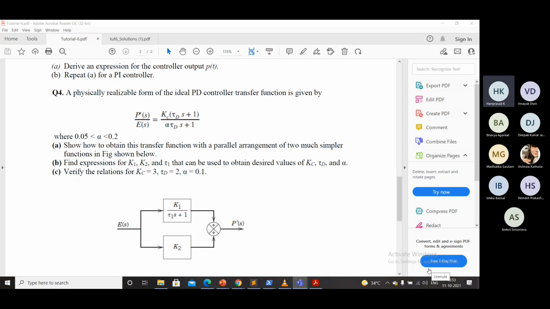Is this a good time to discuss? Yes, sir. Okay. Would someone like to volunteer and explain the problem in detail and what you have to solve? Then maybe Aniket can explain.